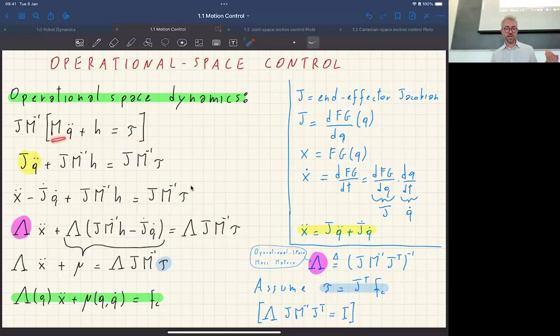We have the mass matrix M, which becomes lambda, the joint accelerations q double dot, which become the end effector acceleration x double dot. We have the nonlinear terms in joint space, which become nonlinear terms in Cartesian space. And then we had the joint torques, which become this virtual end effector force, which is our new control input for the system.